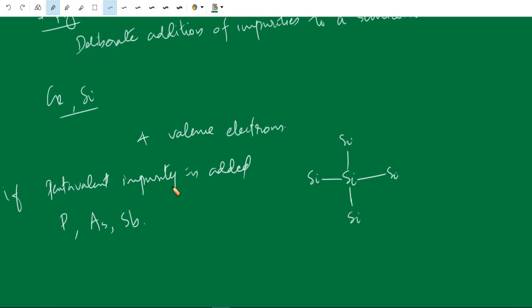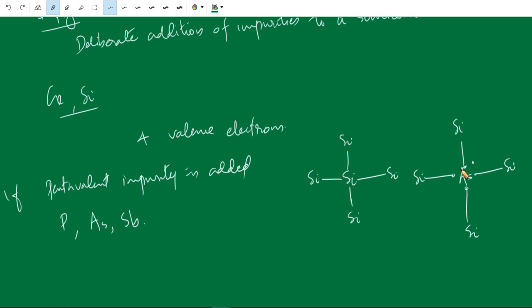So it has 5 electrons in the valence shell. Arsenic has 5 electrons, so there will be one excess electron left over after establishing 4 covalent bonds. For arsenic there are 1, 2, 3, 4 and 5 electrons. So the 5th electron is the excess electron. That contributes to the conductivity of the crystal.